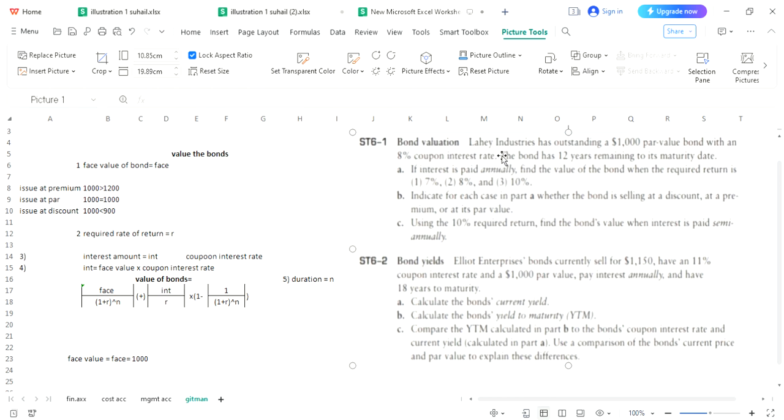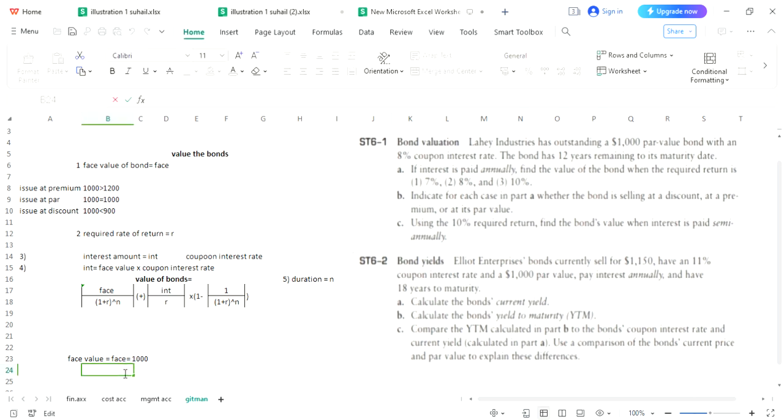Then come over here and see what else is given. 8% coupon interest rate. This is to calculate the amount of interest, and you know how to calculate interest. For this, you will take face value and multiply with coupon. So let's calculate its interest. Face value is 1000, write down over here, and then you will multiply with coupon interest rate. You can see over here 8% is the coupon interest rate. 8% means 8 divided by 100, and you will write 0.08 over here.